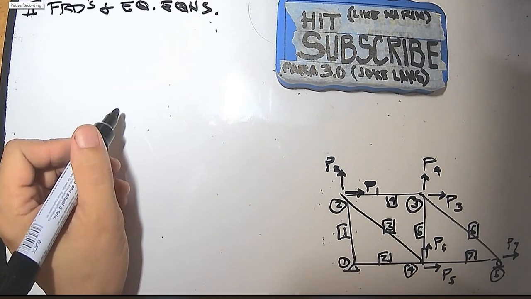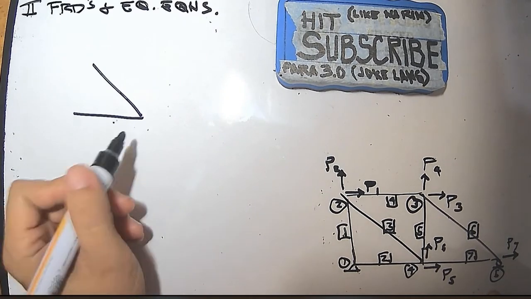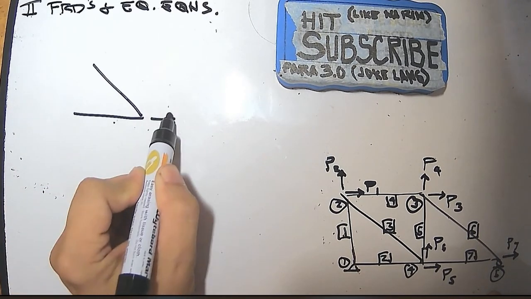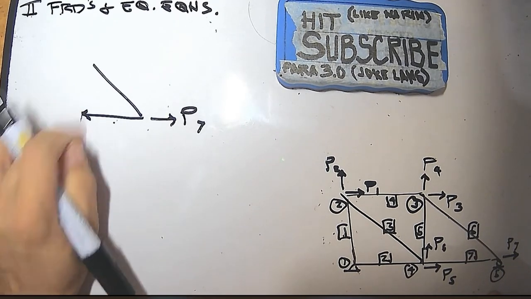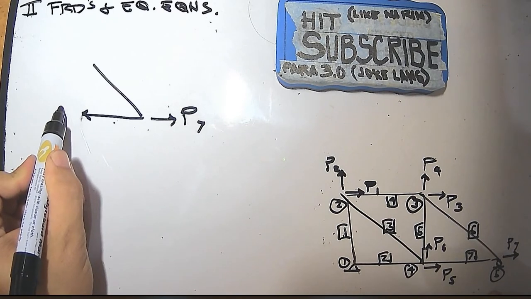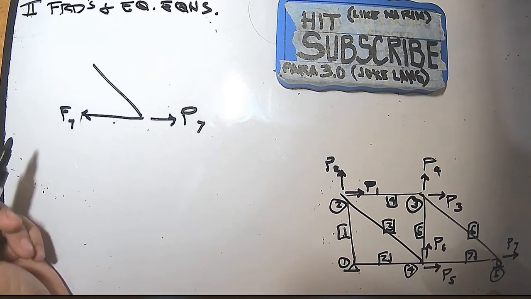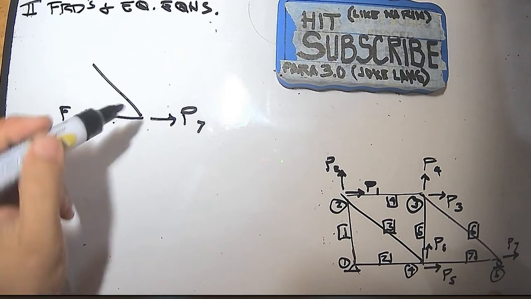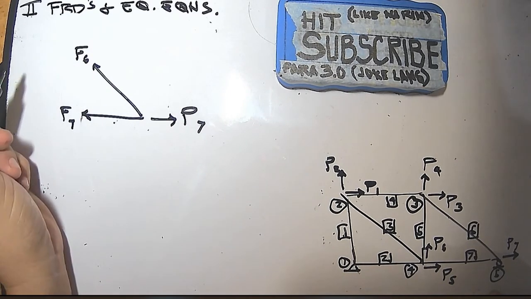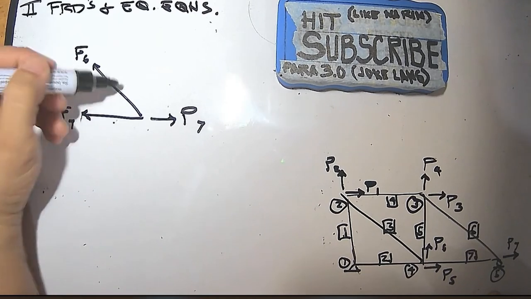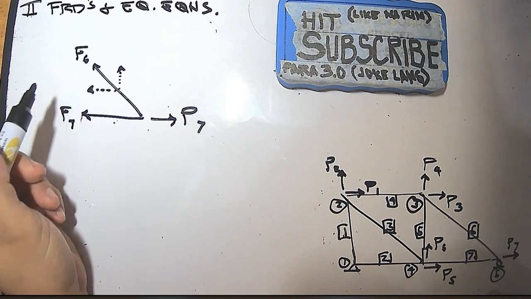So, at node 5, meron tayong P7, and then we have F7, tapos this is F6, but we have to convert this to its vertical and horizontal component.